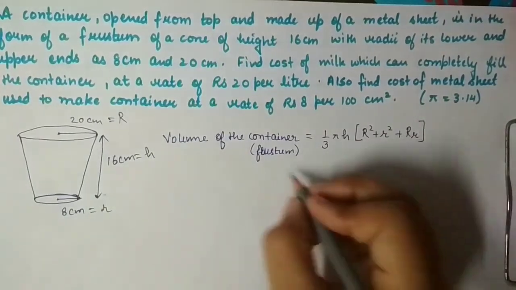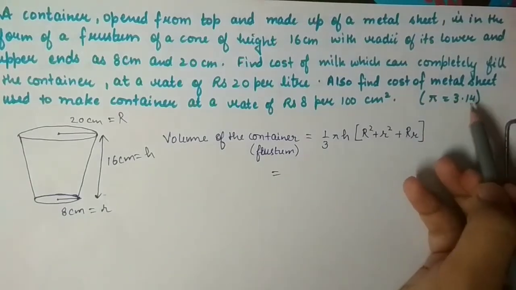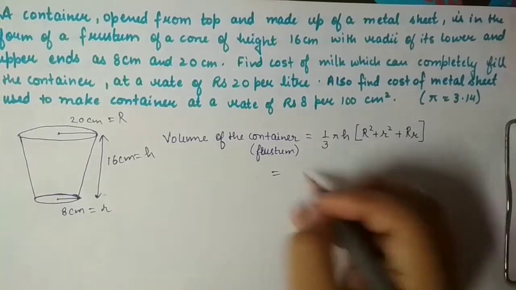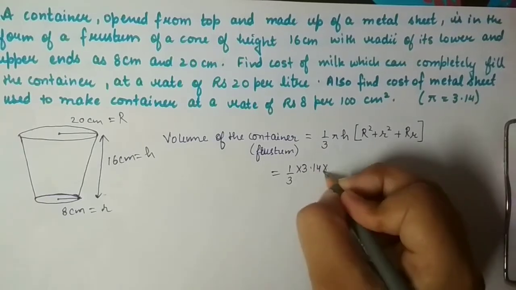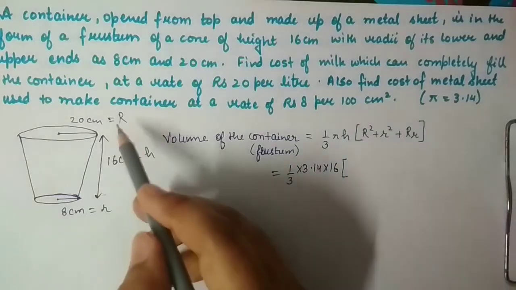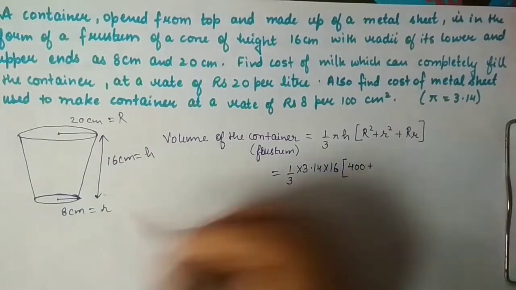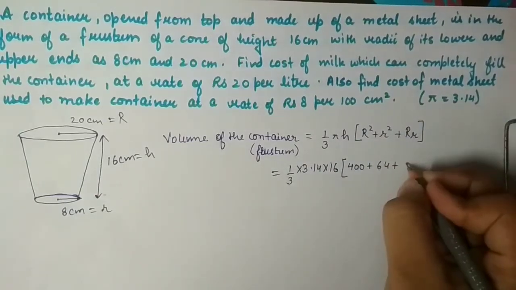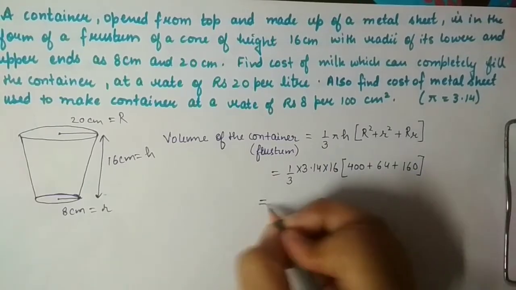So now put the values. In the question it is mentioned to use pi is equal to 3.14. So we have 1 by 3 into 3.14 into h is 16 and capital R square. Capital R is 20. So square of 20 is 400 plus 8 square, that is 64, plus 8 into 20, that is 160. So now what you will get?